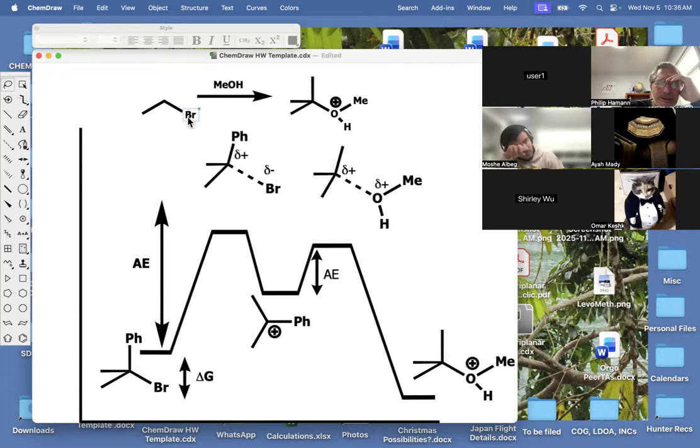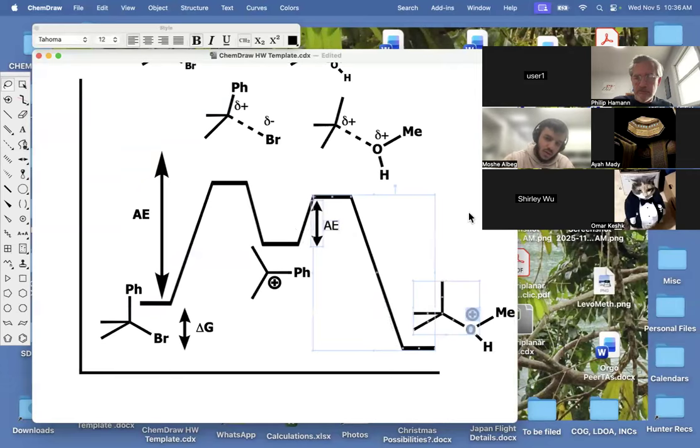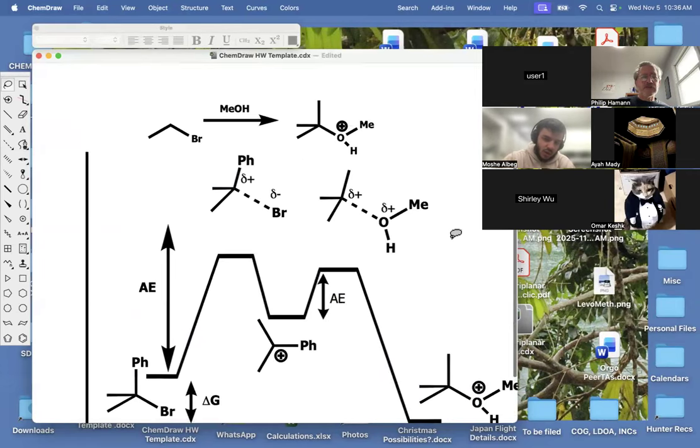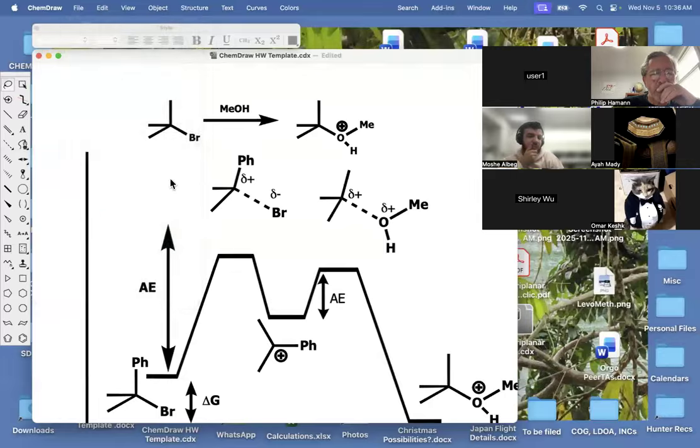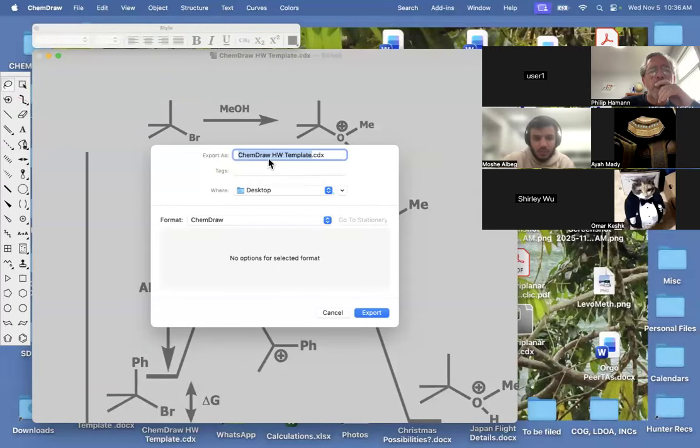The inversion, you mean? Stereochemistry in the transition state. Well, then it's just the inversion. Yeah, let me just draw an entire one. Oh, I should save this while I'm there. ChemDraw.